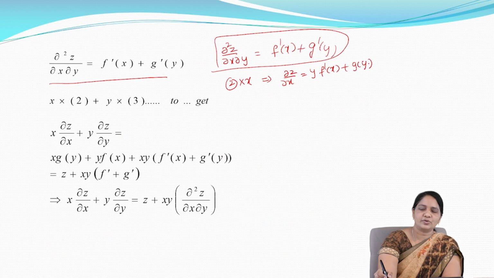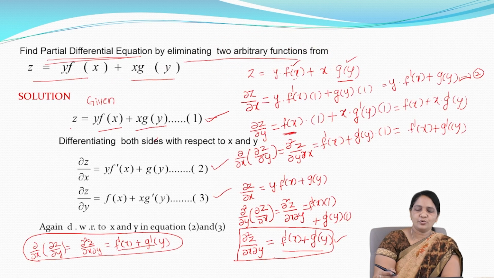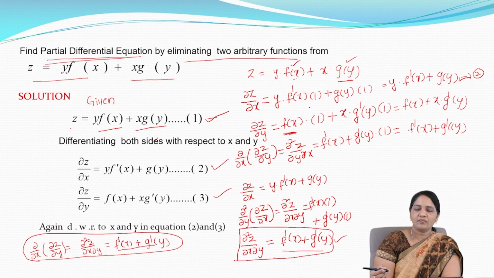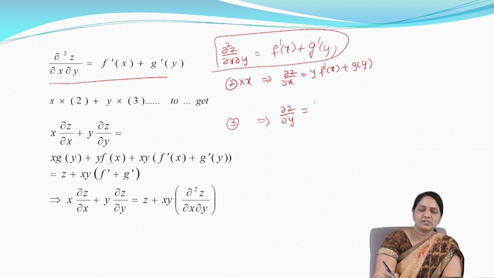This is equation 2. And what about equation 3? Equation 3 is ∂z/∂y = x f(x) + x g'(y), that is f(x) + x g'(y). This is equation 2 and this is equation 3.